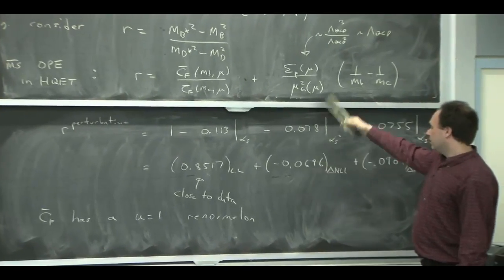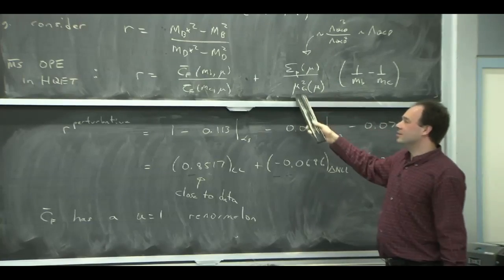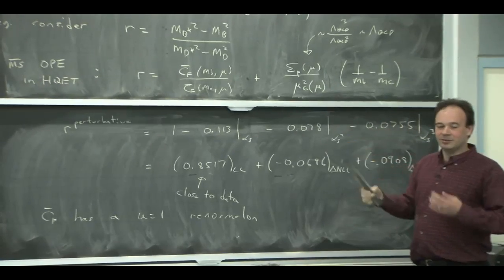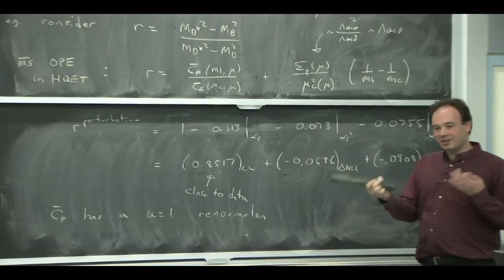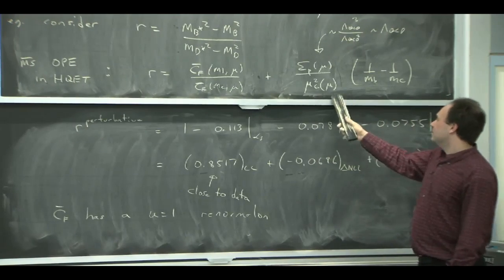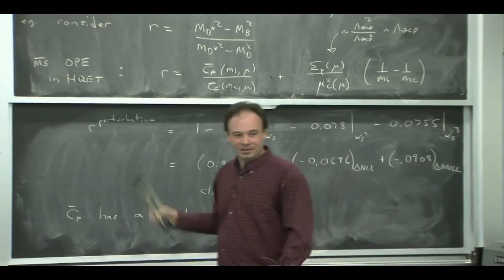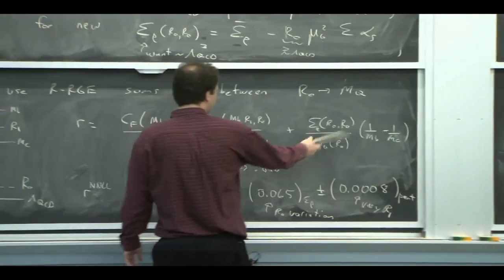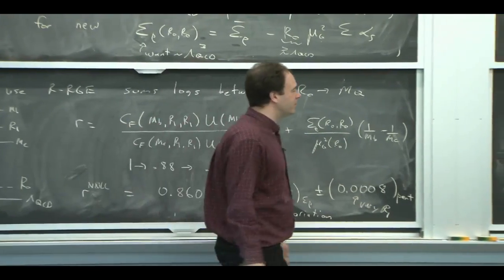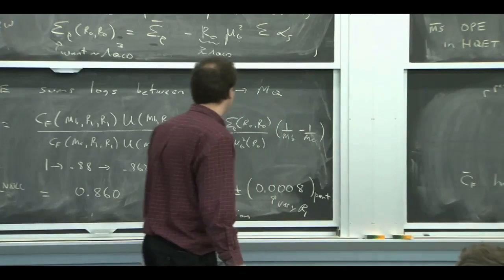Order by order, I can cancel out the problem, but then I can never really assign a number to this. It's an order-dependent number. Each order in perturbation theory that I use here, this number changes. And that's not really what you think of for a physical concept, that this matrix element should have a meaning, that it shouldn't be changing by order 1 depending on the perturbative order that you're working. In this way of thinking, this thing is stable, much more stable anyway, and you can assign a number to it. That's kind of the moral.